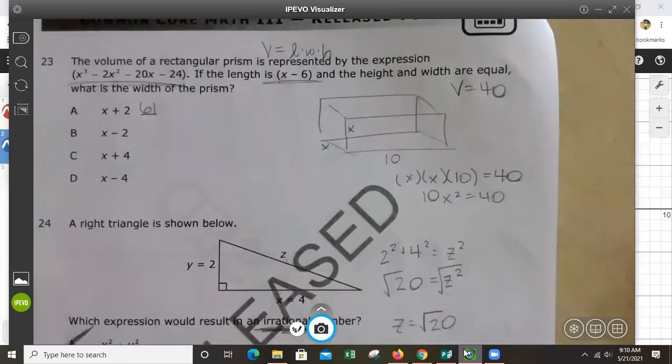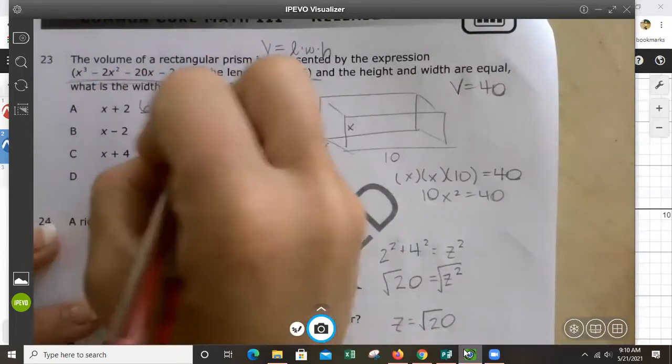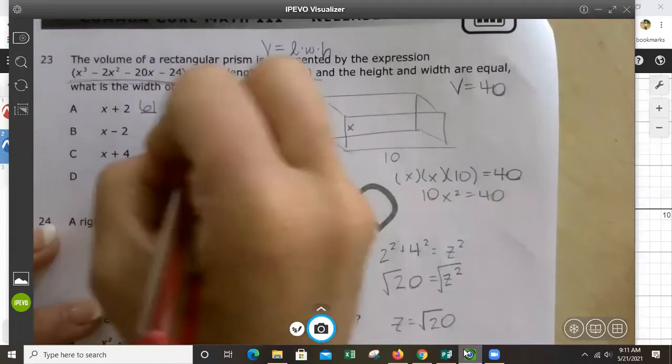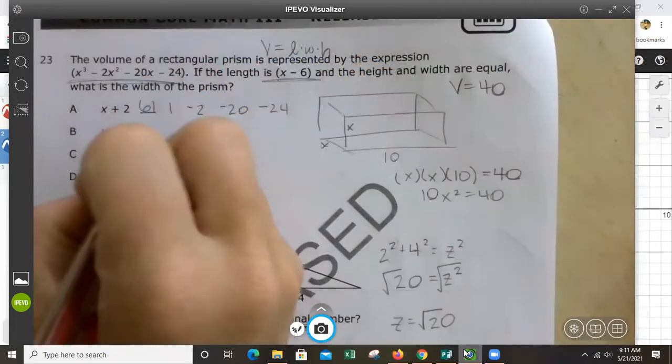Positive 6. I hope this is what you said. I can't really hear. I'm sorry. Okay. What goes across? 1, negative 2, negative 20, negative 24. Okay.